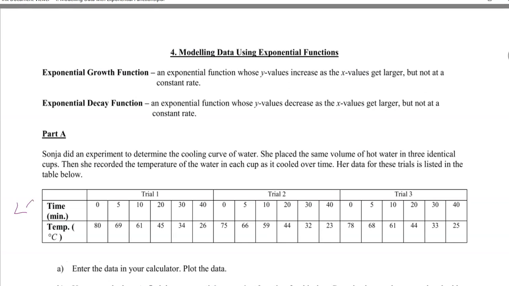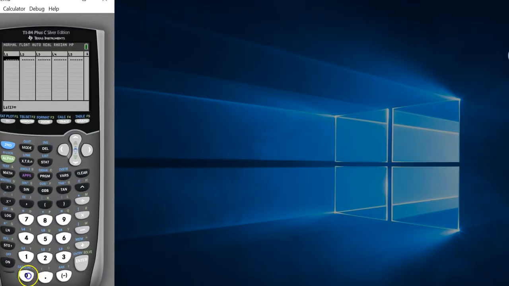So this goes in L1, this goes in L2. You're going to go 0, 5, 10, 20, 30, 40 for trial 1, then 0, 5, 10, 20, 30, 40 for trial 2, and 0, 5, 10, 20, 30, 40 for trial 3.